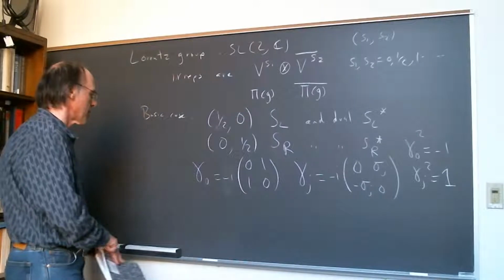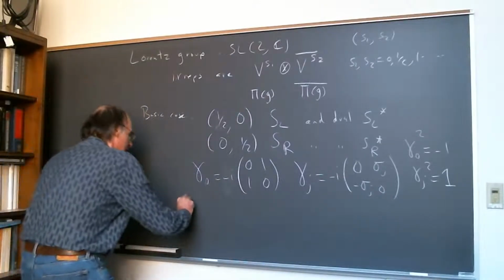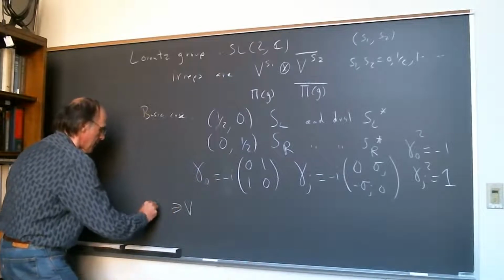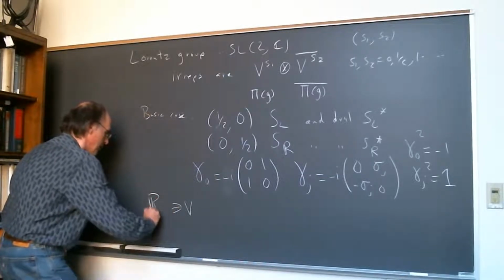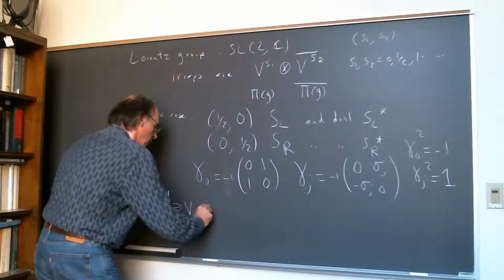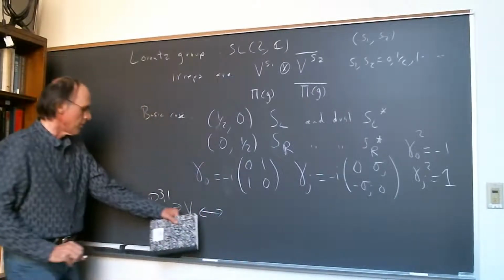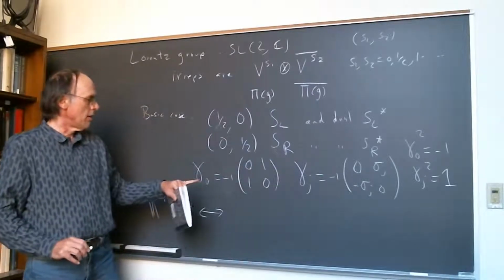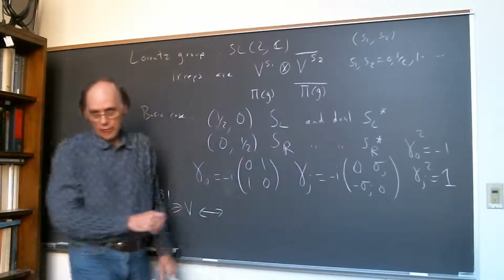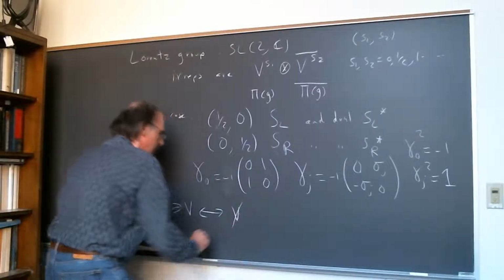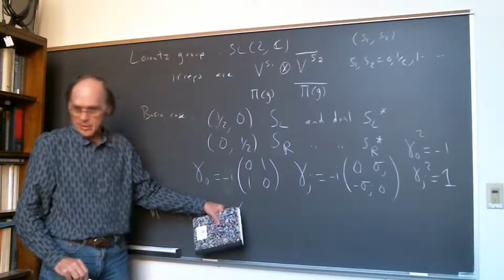One standard notation: if you've got an element of Minkowski space, you can identify these things with 4 by 4 matrices, and that's V. This is the Feynman slash notation.